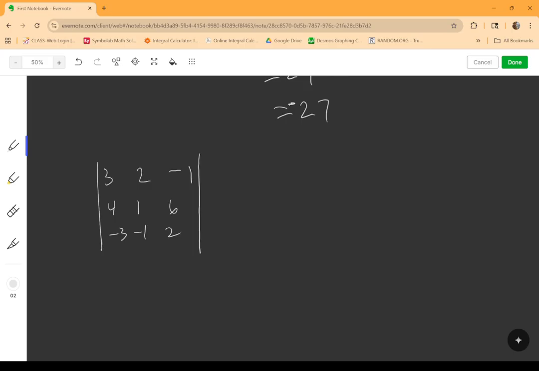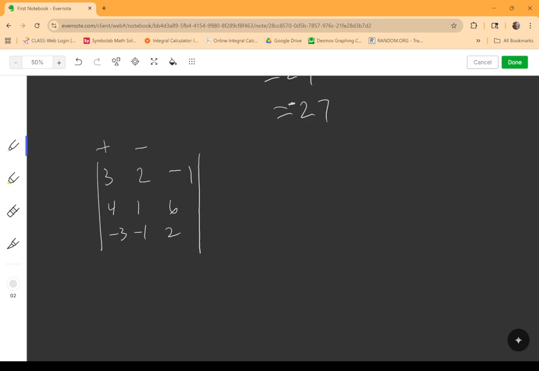And then here, I want to expand across that second column. All right. The operation remains the same. I'm just expanding over a different column here. All right. So here, and again, all I have to do is remember to keep track of my signs here.